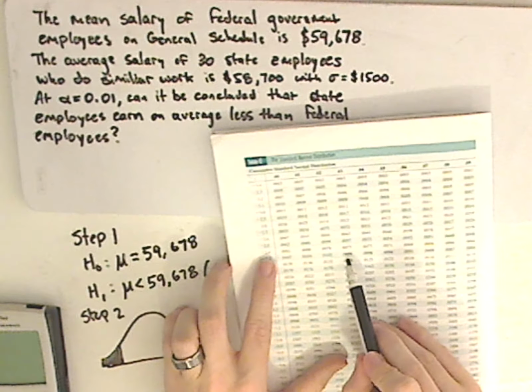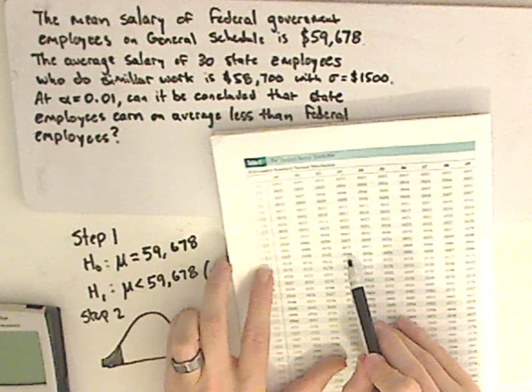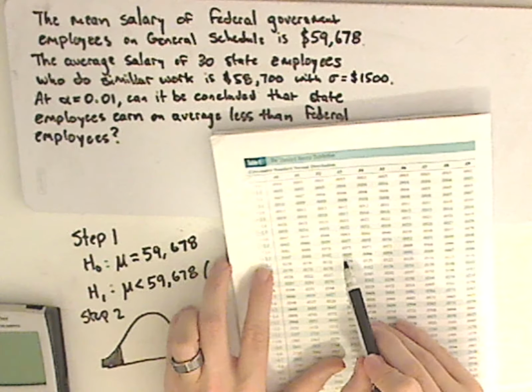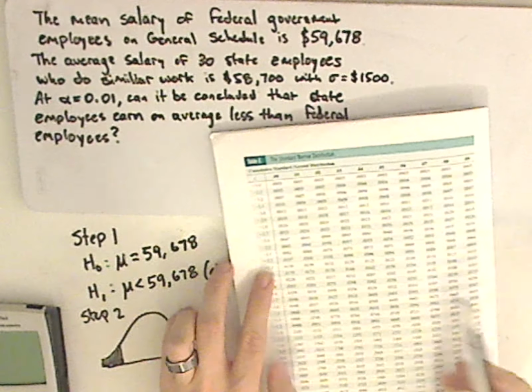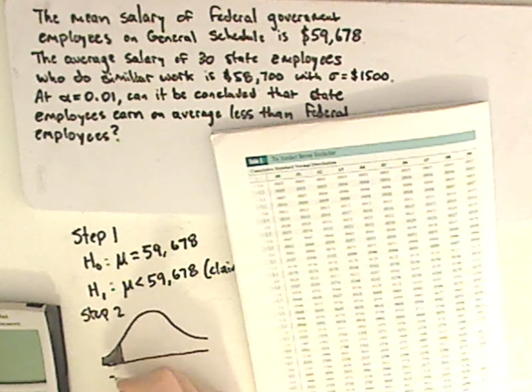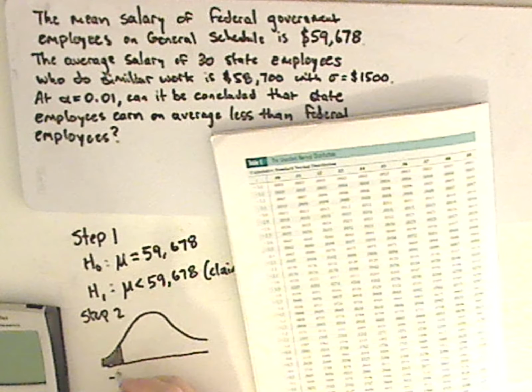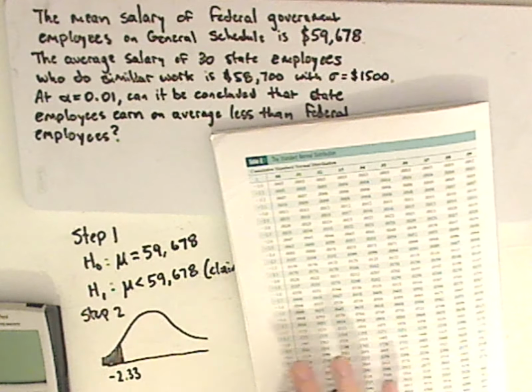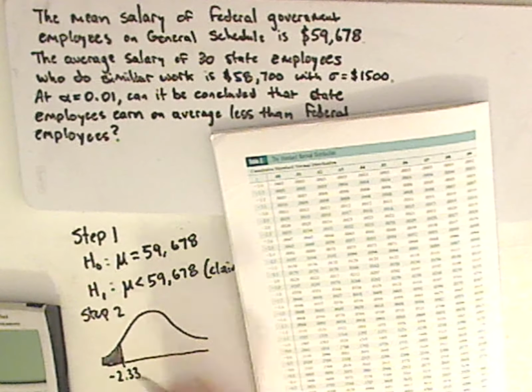And it looks like this value right here, which is negative 2.33. So that's my critical value.